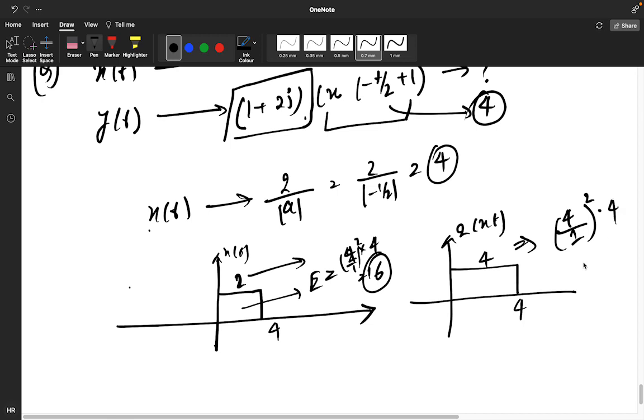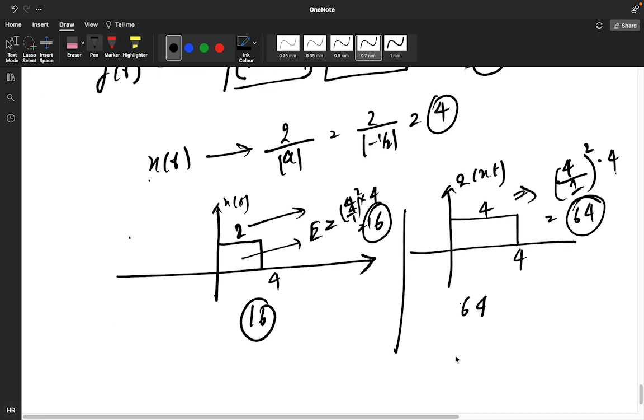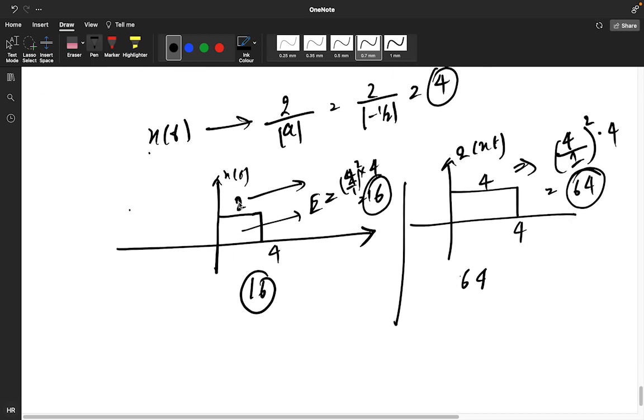Time period is 4. So you will get 64. So the energy here was 16 and the energy here became 64. So how much multiplication did you do because of this? Only 2. The scaling is happening. The scaling means amplitude scaling is 2.